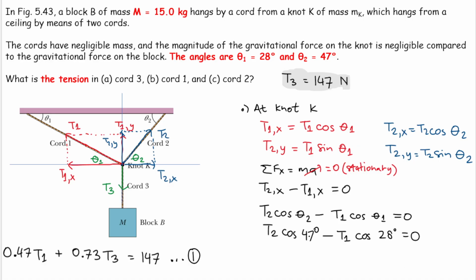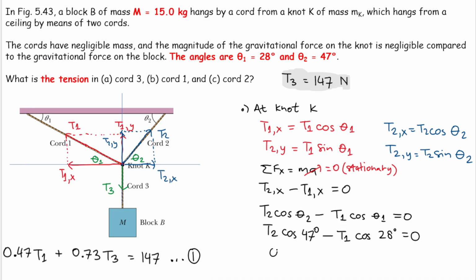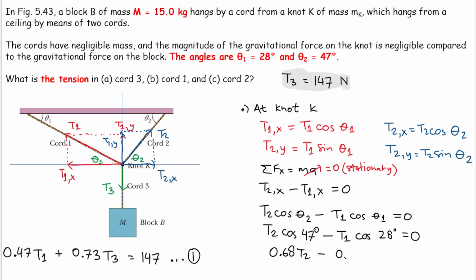Cosine 47 degrees is 0.68, so 0.68 T2, and then minus cosine 28. What is cosine 28? It is 0.88, so 0.88 of T1. All of that will equal 0.